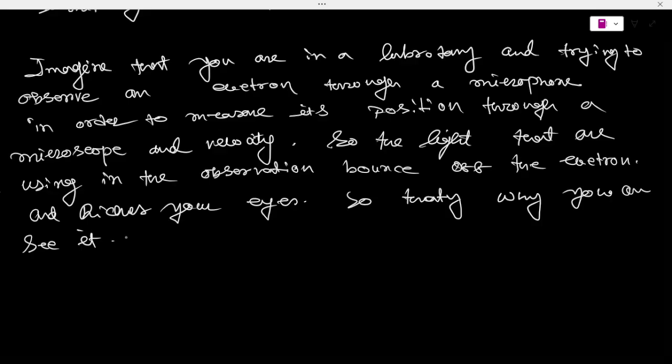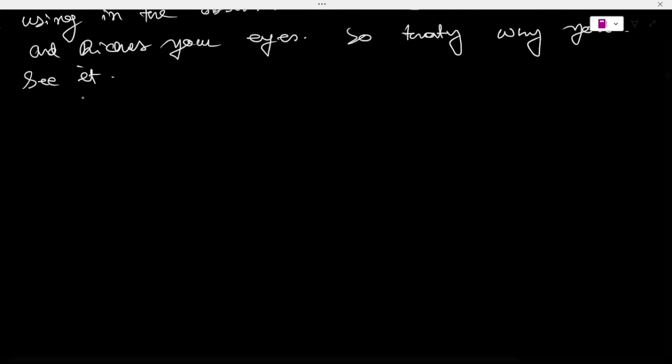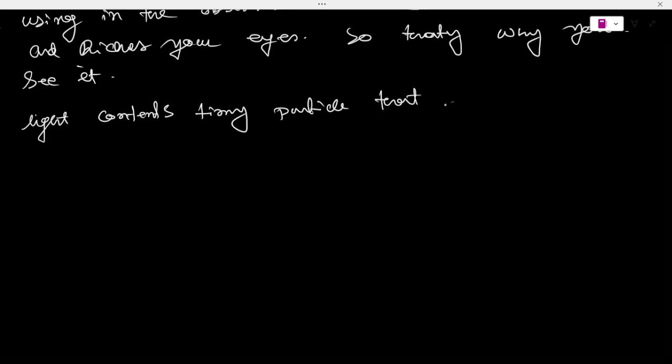Okay, and light contains tiny particles called photons. Okay, and those particles have a certain amount of momentum.